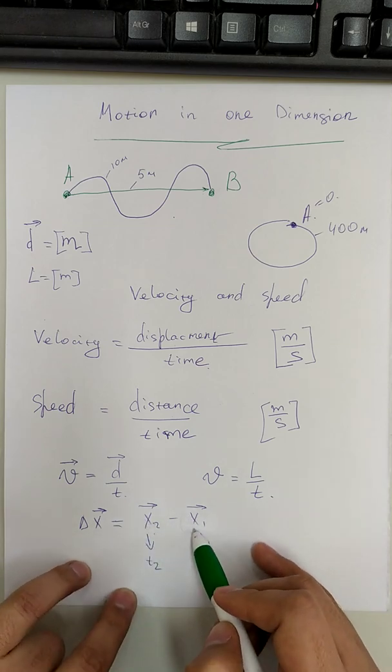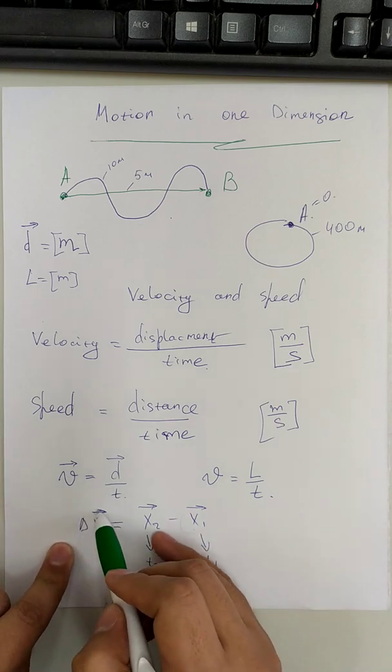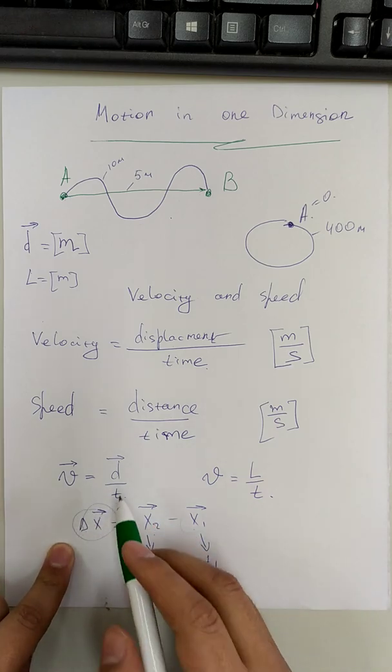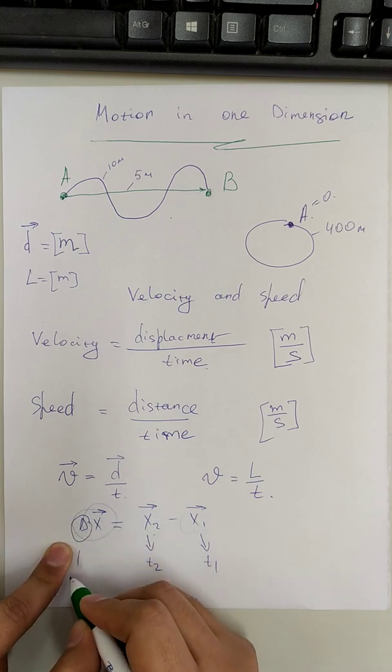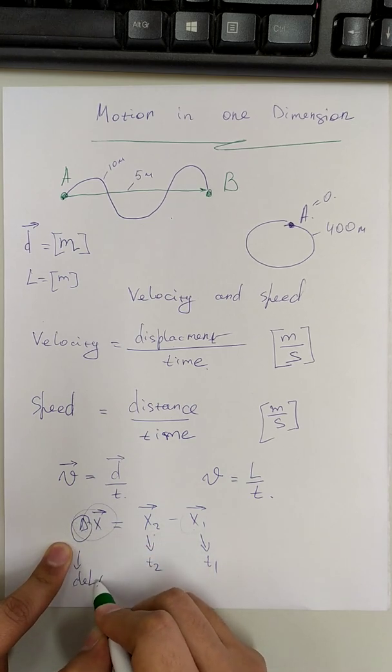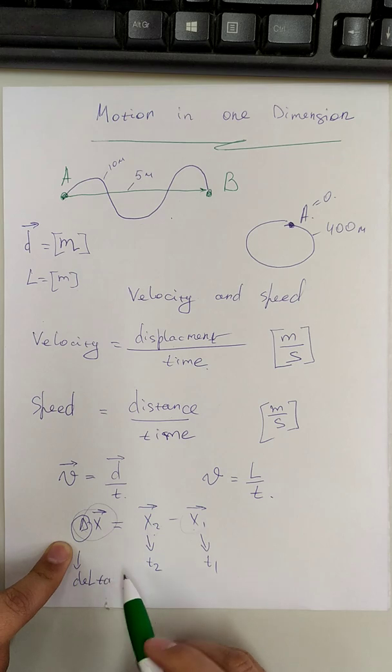The change of position is called displacement. This symbol is called delta, and it means change in.